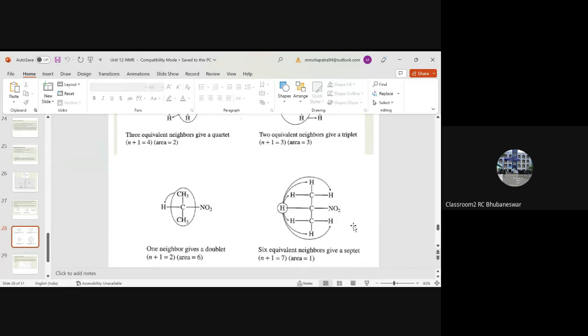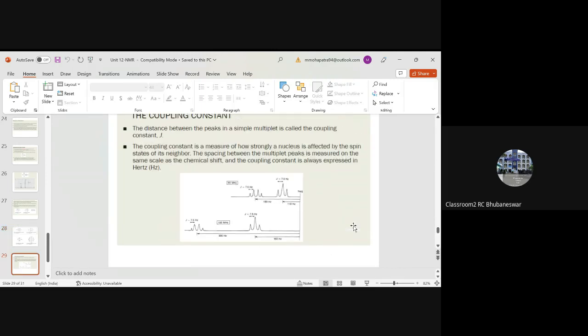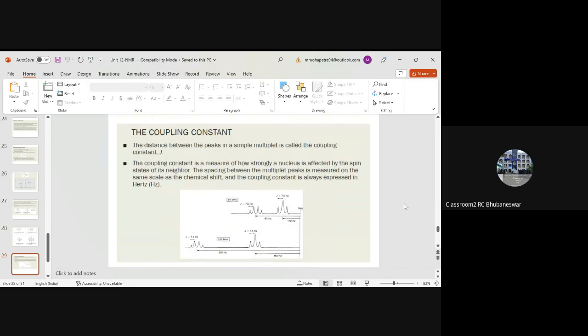So you can practice these at home, and for physical chemistry you can follow Atkins or Banwell's Molecular Spectroscopy, or various other books based on spectroscopy.